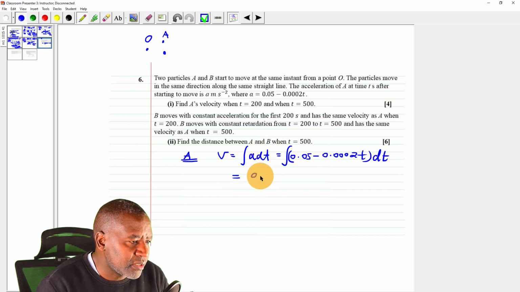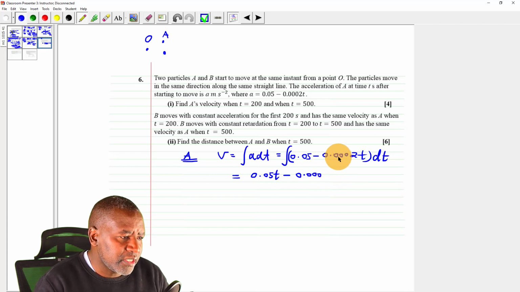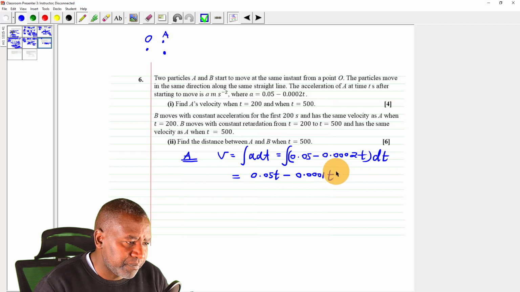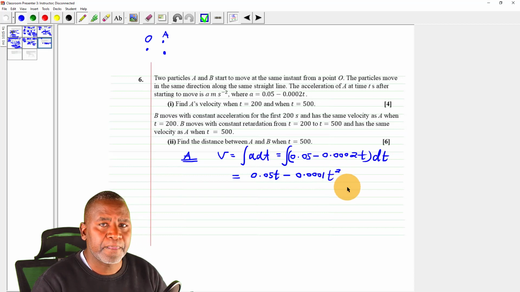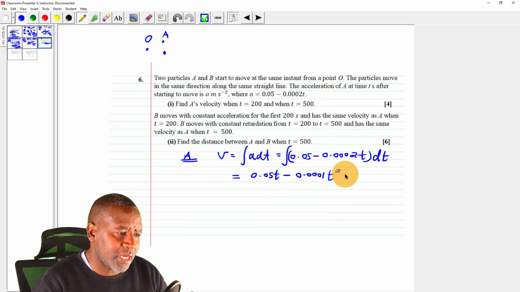When we do that, this of course becomes 0.05 t minus, if I divide 0.0002 by 2, because I've got to get 2 there, I will get this 0.0001 t squared. Of course, plus a constant, which is c.